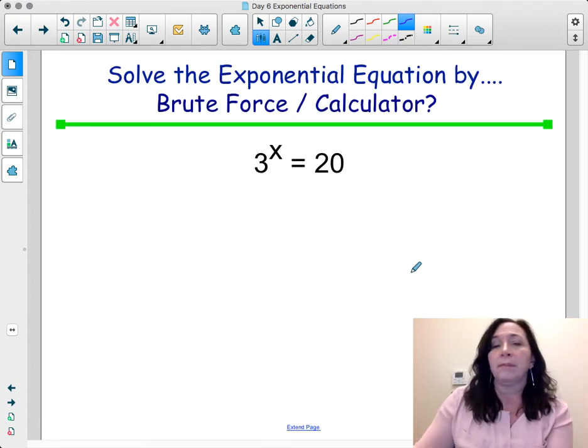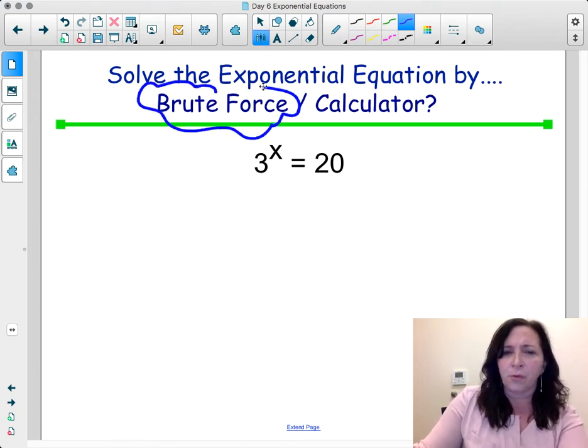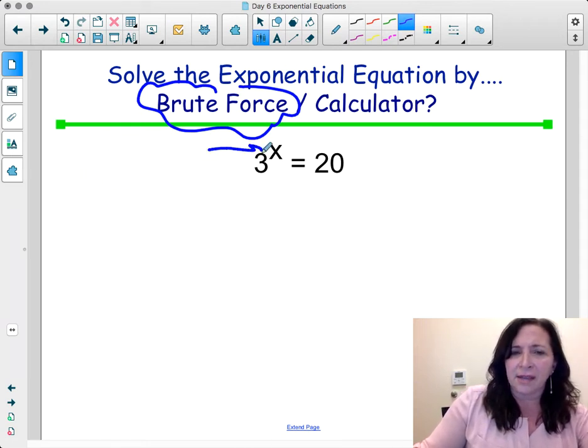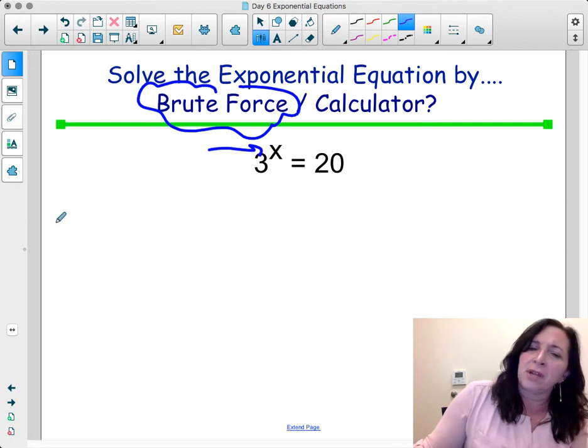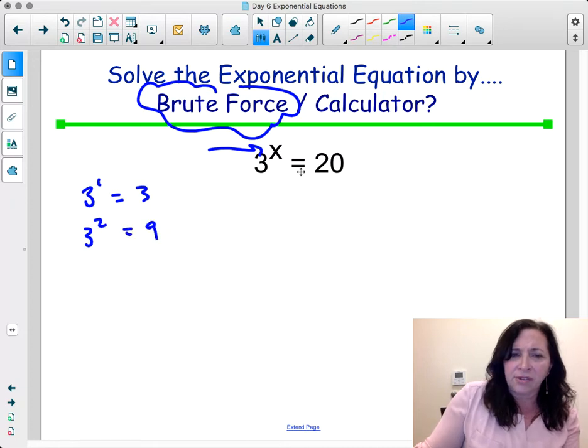Now, I like to do this problem, and we call this the problem based on brute force. So what you're thinking is you're trying to guess what x is going to be, but you have a calculator to use to try to guess what it would be. So you know that 3 to the 1 power is 3, and you know that 3 to the 2nd power is 9, still not 20.